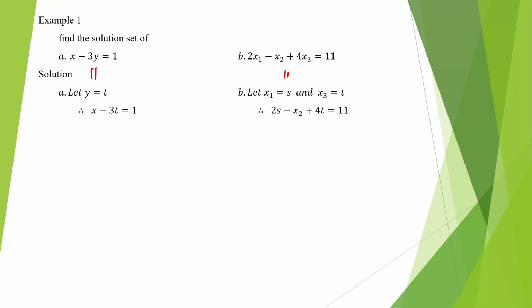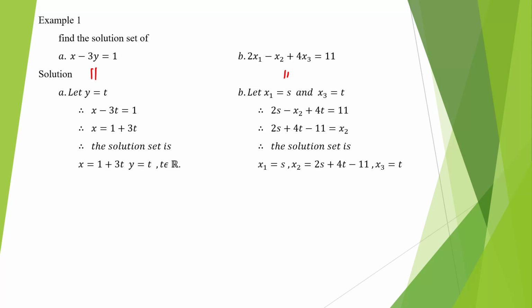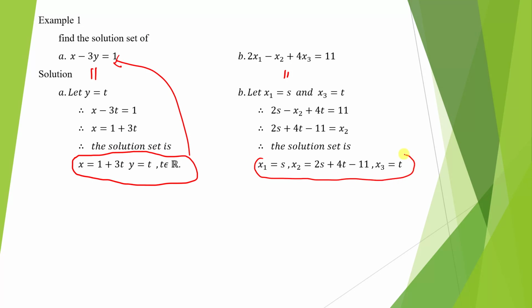So we get x minus 3t equal 1 for A, and 2s minus x2 plus 4t equal 11 for B. So x equal to 1 plus 3t, and x2 equal to 2s plus 4t minus 11. This is the general solution, or the solution set, of question A, and this is the solution of question B.